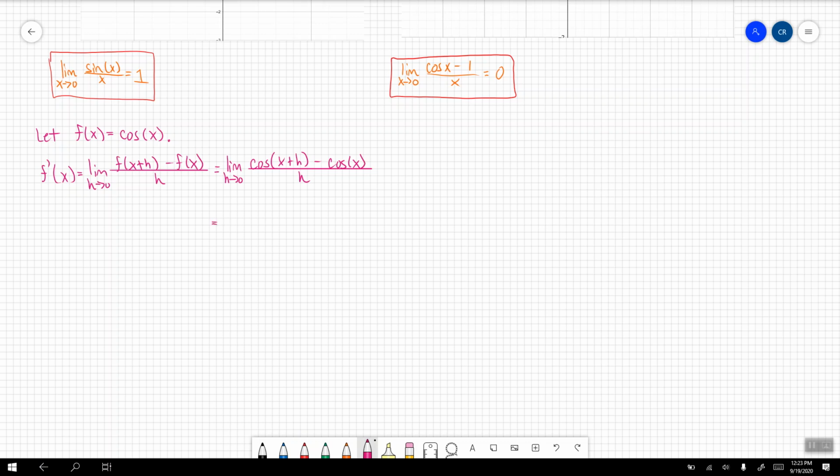One of the first properties that I'm going to be using here is that cosine of x plus h, in other words, the sum of two angles for cosine, is going to be cosine of x times cosine of h minus sine of x times sine of h.